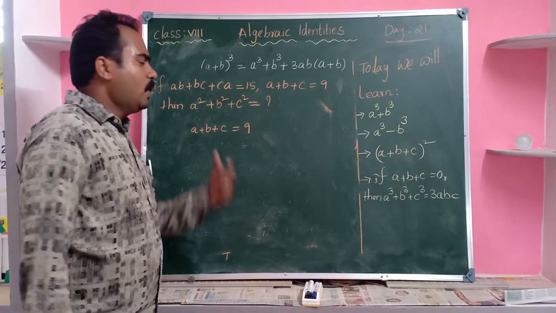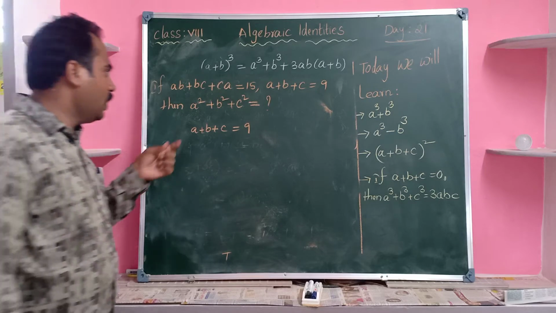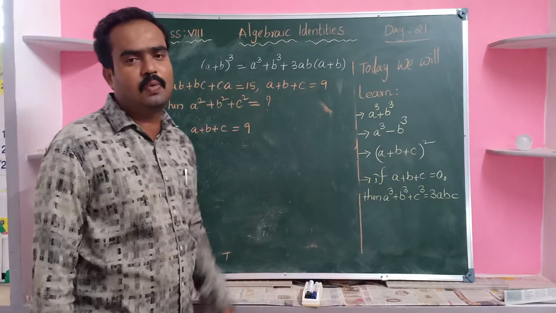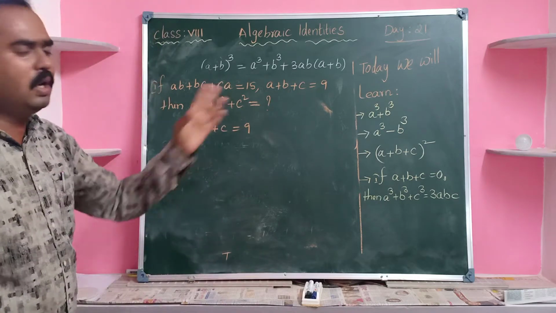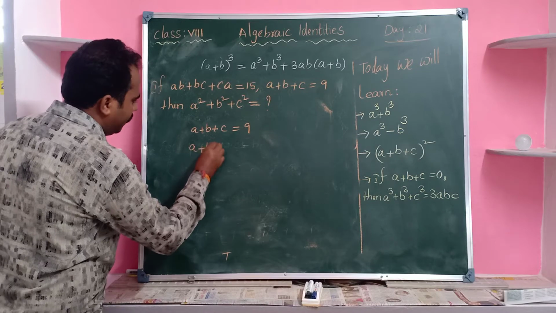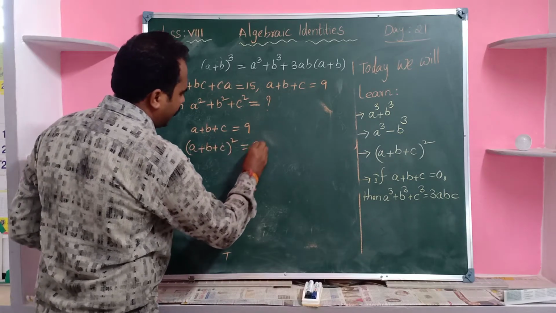Then squaring on both sides. Why are we squaring on both sides? Because here we need the a square plus b square plus c square value. So squaring on both sides, that means (a plus b plus c) whole square is equal to 9 square.